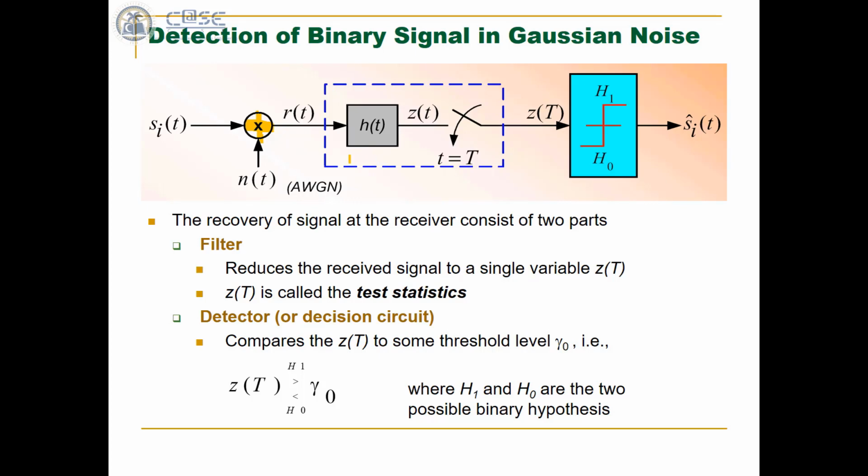Each of those matched filters will be placed against one of the copies of the transmitted signal. So we have 10 branches of matched filters at the receiver end for each of the 10 possible copies that could have been sent from the transmitter end.